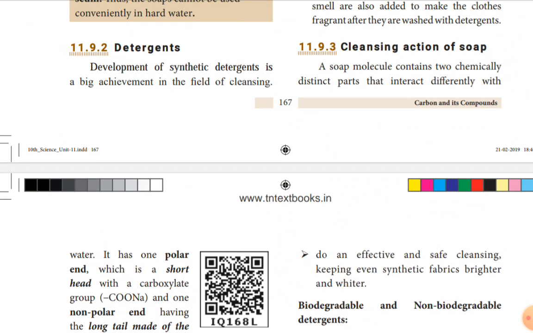In the cleansing action of soap, first you have to understand the first point. A soap molecule contains two chemically distinct parts, two different parts. These two different parts interact differently with water.